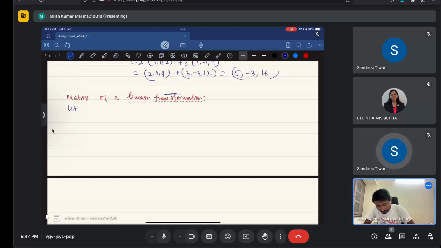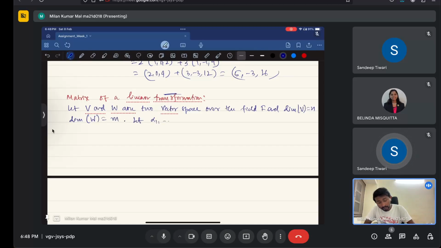So let V and W be two vector spaces over the field F. Let the dimension of V equal n and the dimension of W equal m, both integers.